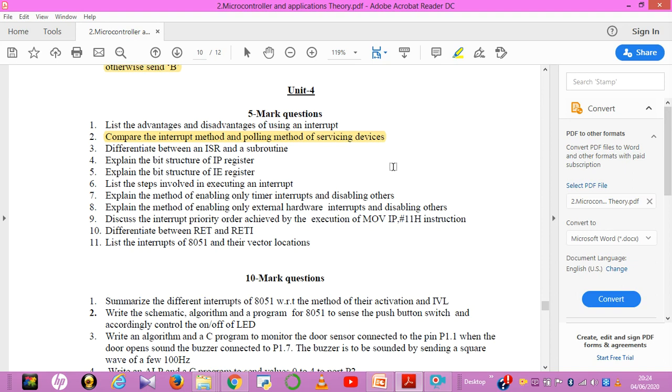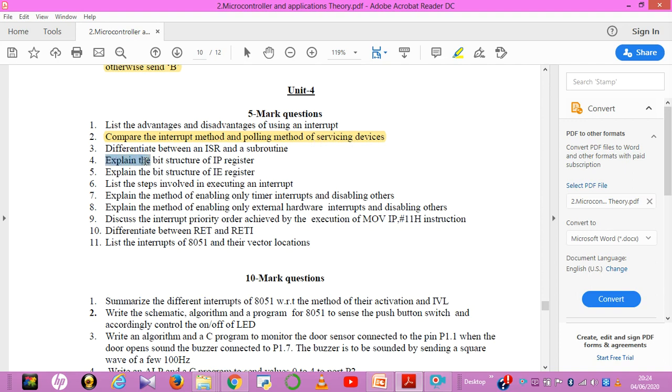Then what is the main difference between the interrupt method and polling method of servicing the devices? So you just write down a table comparing them. Write at least 6 to 7 differences to get the 5 marks.